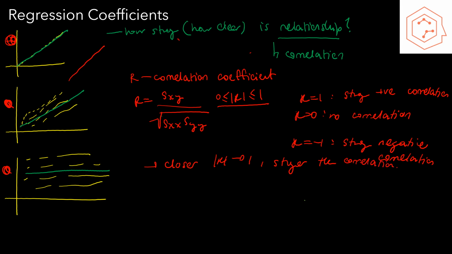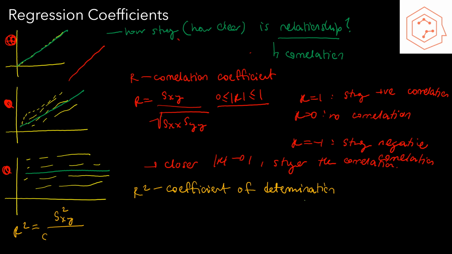Now if we square r, we get r squared. That's called the coefficient of determination. So r squared is equal to sxy squared divided by, we get rid of the square root, sxx times syy.